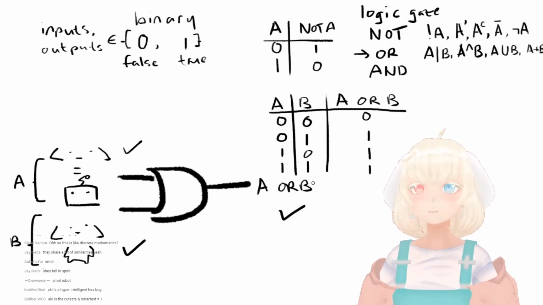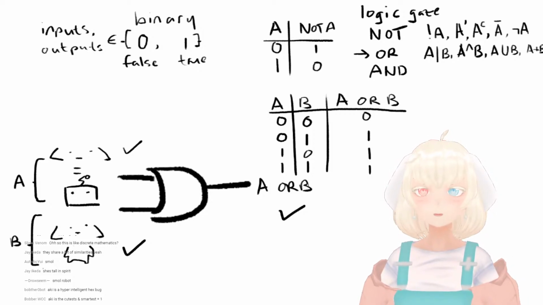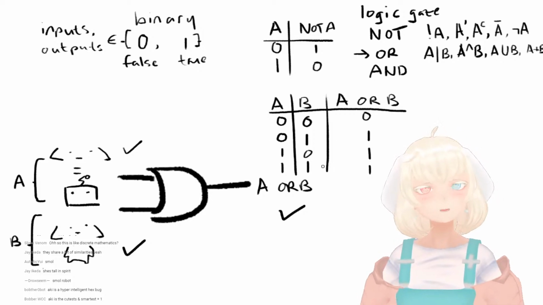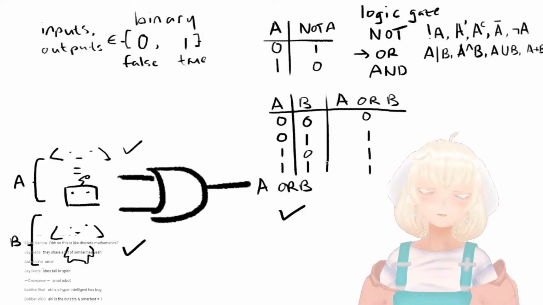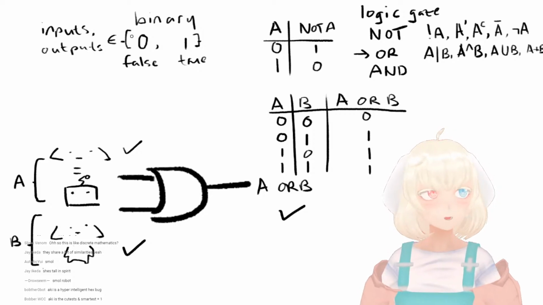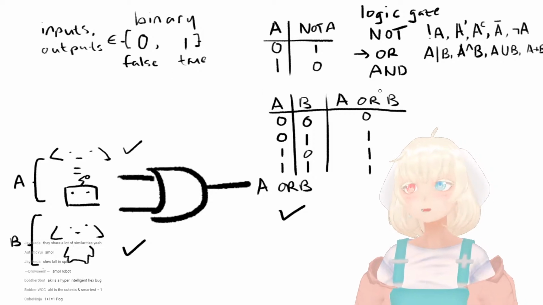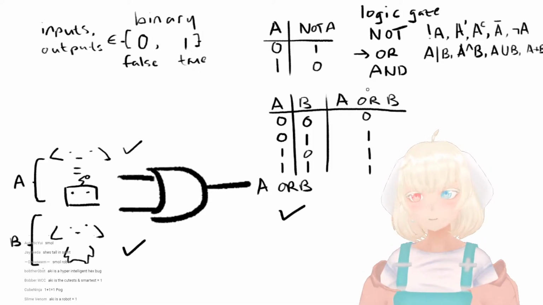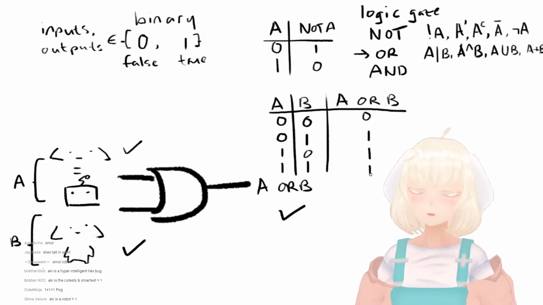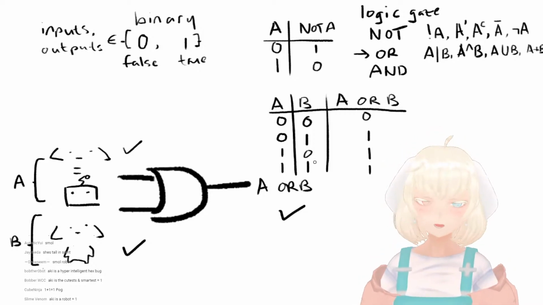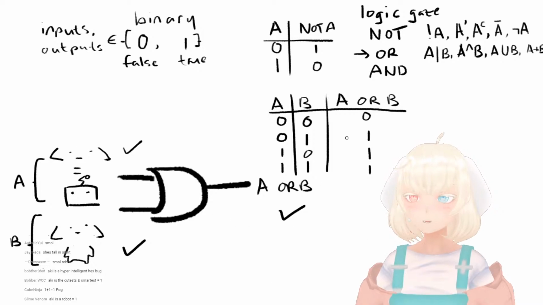But what about 1 plus 1? So for those of you who are good at math, 1 plus 1 is slightly different from what we know. But remember, the output can only be 0 or 1. We can't actually go over 1. 1 is the maximum, and we've already reached the cap. So in this case, yes, 1 plus 1 equals 1, right?